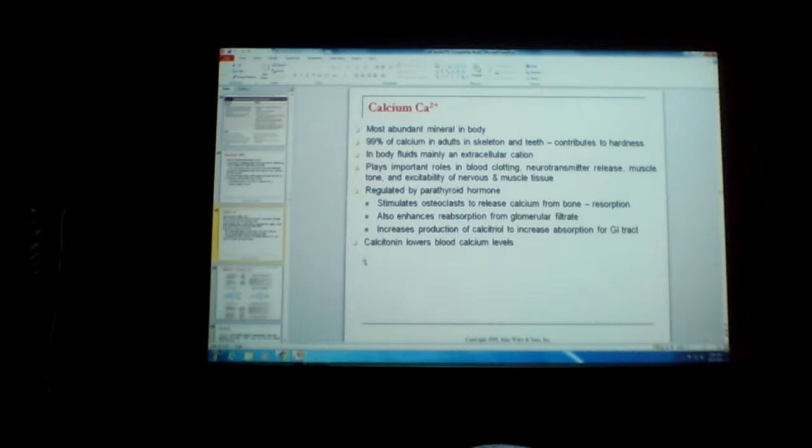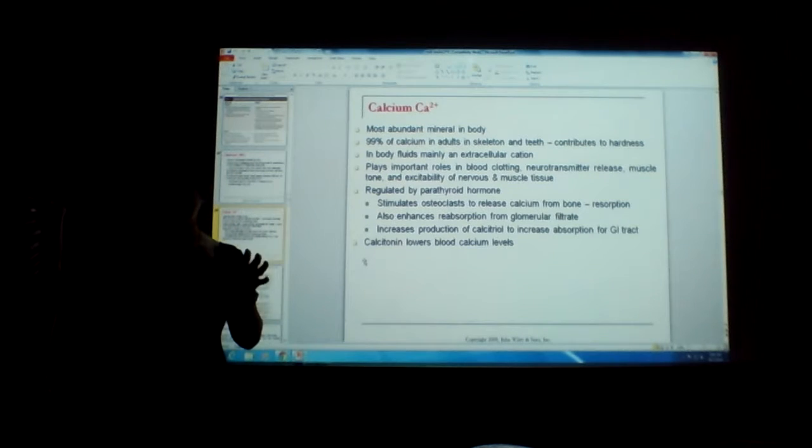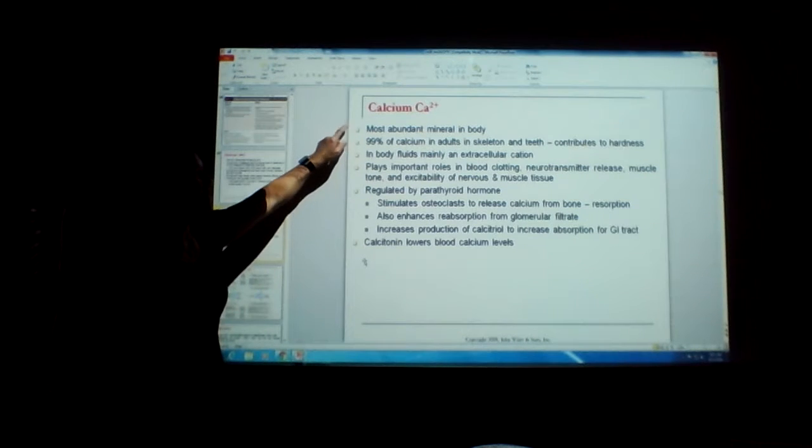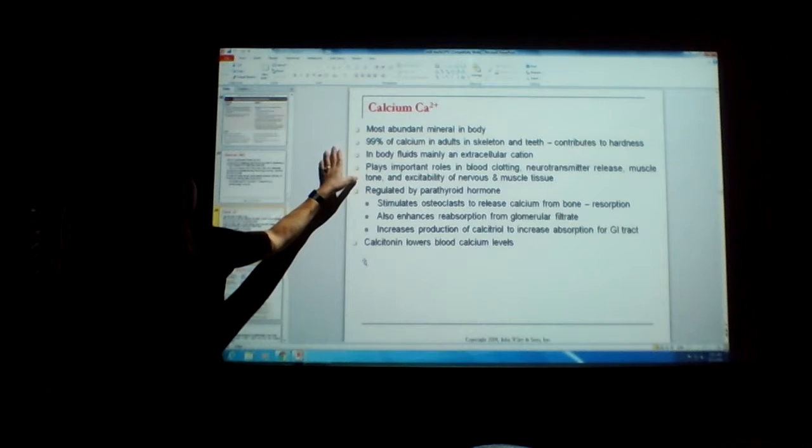Now, calcium. Next to calcium, think heart. They each have their own field of expertise. Sodium, blood volume. Potassium, your brain and nervous system. Calcium: when a patient comes in with a calcium imbalance, automatically think heart right away. So that's why we need to be in calcium balance. And you know there are two hormones for calcium homeostasis.